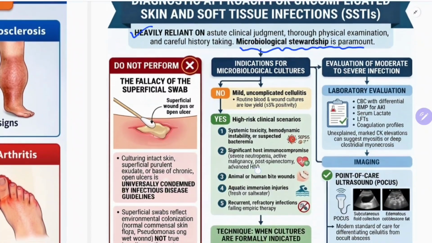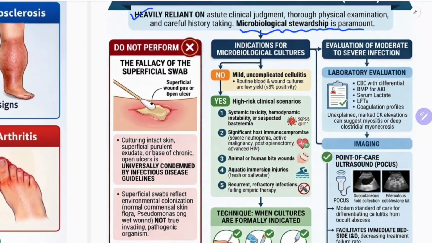So remember, in mild uncomplicated cellulitis, investigations are not required actually. Whereas in cases of moderate to severe infection, as defined by the IDSA classification, which was discussed in the previous video, one requires investigations.